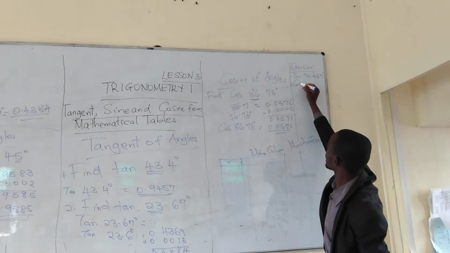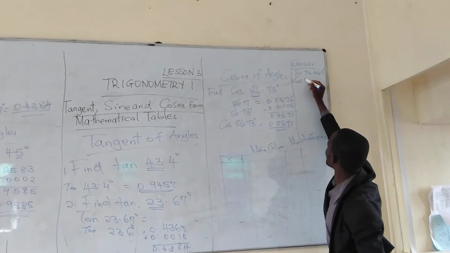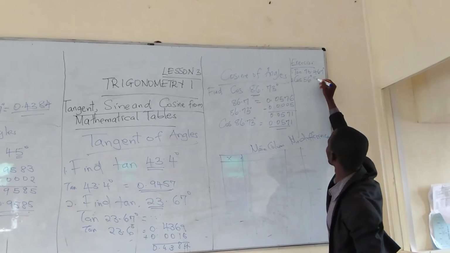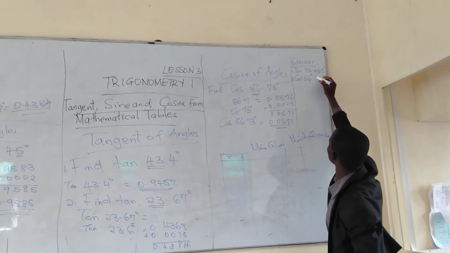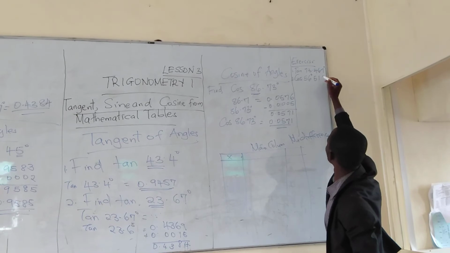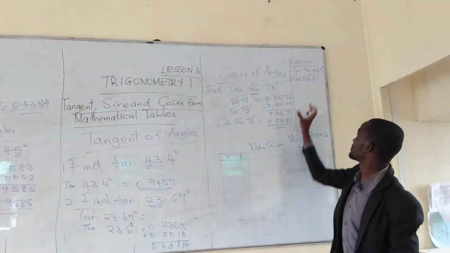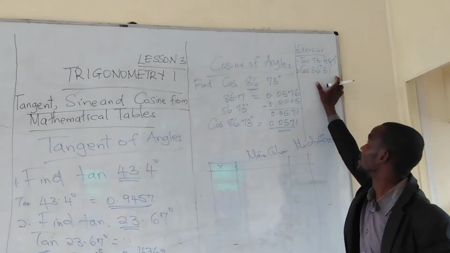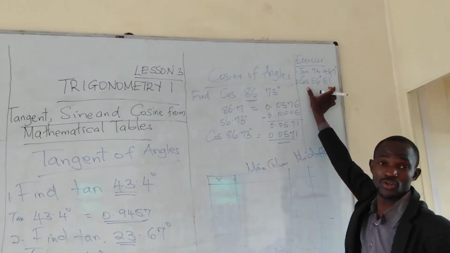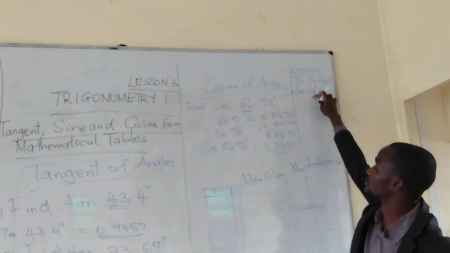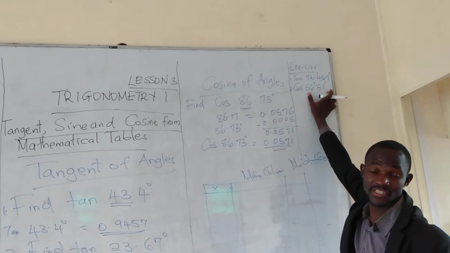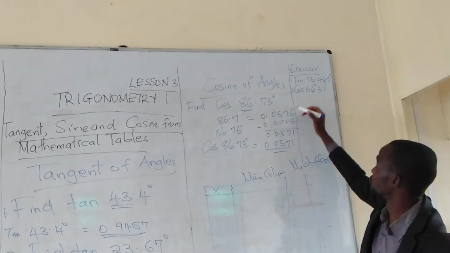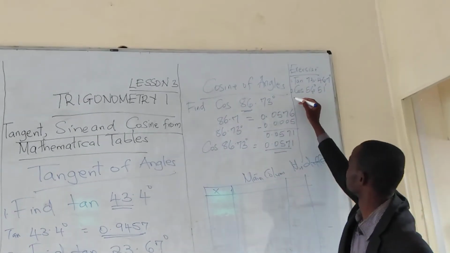I want you to find the cos of 56 degrees 51 minutes. Remember the concept of the minutes we dealt with in the previous lesson. So basically here, what you'll be required to do is convert 56 degrees 51 minutes into degrees. Then you will look it up from the mathematical tables.